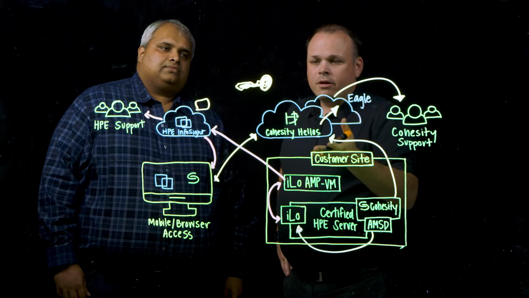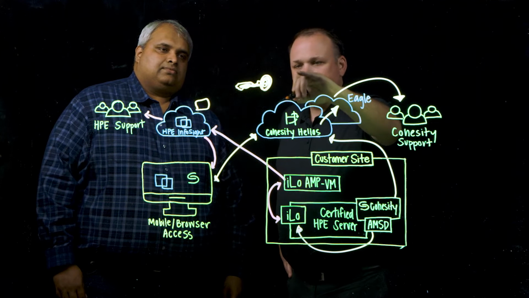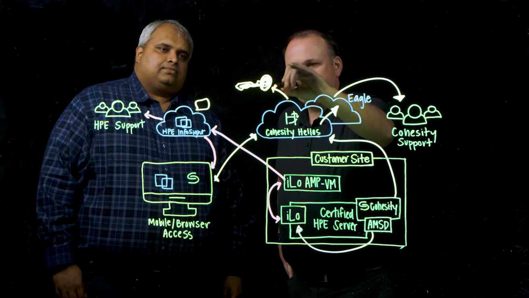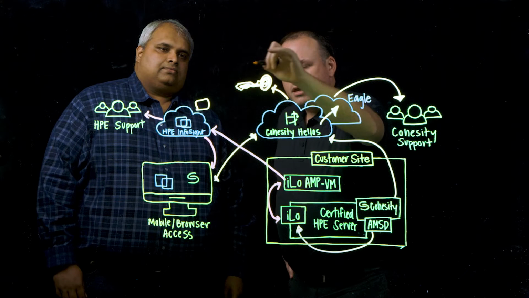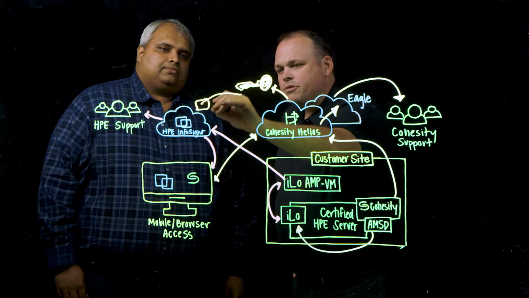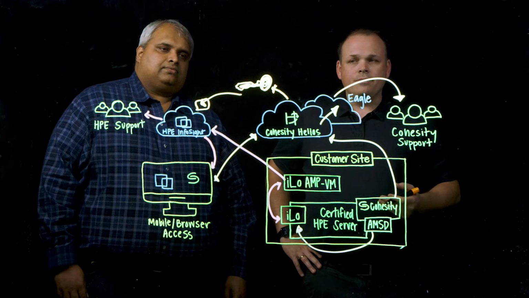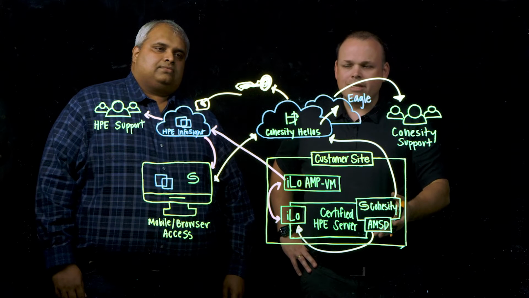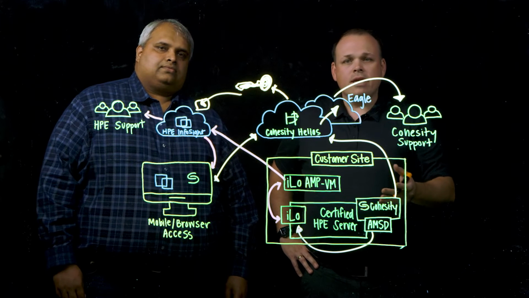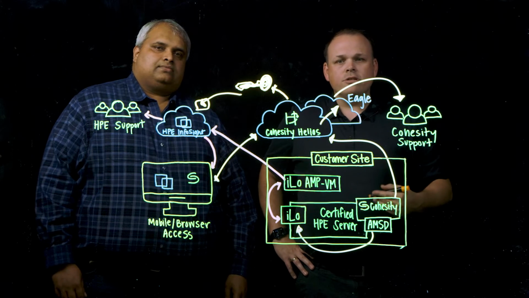Now, within Helios, you have the ability to create users, groups, but also API keys for secure programmatic data transmission. So you simply create an API key, copy it, come over here to InfoSight, paste it in, click an enroll button, and it's really that simple. Now the server serial number can be used to gather and correlate together the data from the two disparate sources and present it in a single logical view.